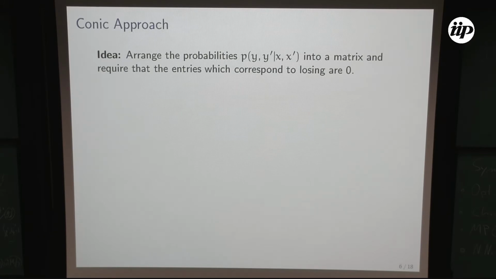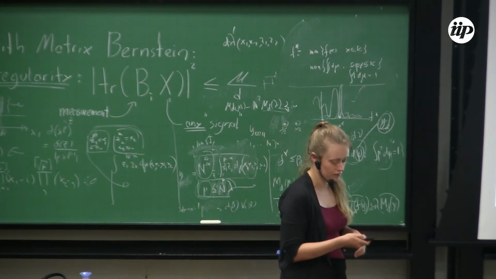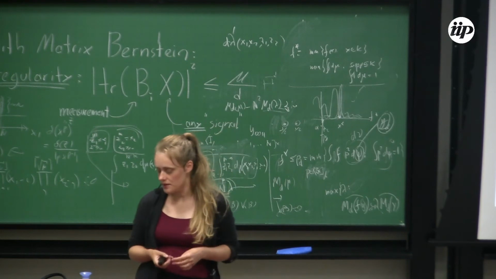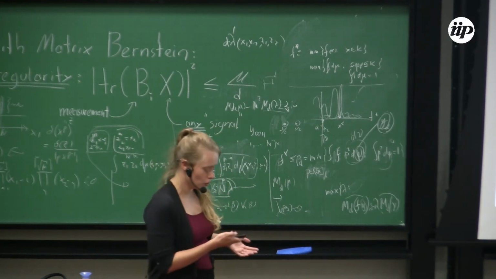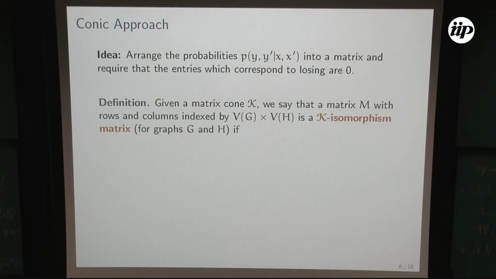So now we just think of this joint conditional probability distribution as a bunch of numbers, and we're going to arrange these numbers in a matrix. We remember that we wanted certain entries to be 0 because they corresponded to Alice and Bob losing in this game. Now we define this K isomorphism matrix. K, I could select my favorite matrix cone if I wanted to, but I will look at some specific cones.